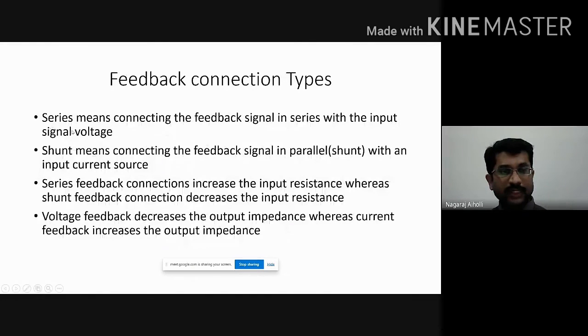Then we came to know that series means connecting the feedback signal in series with the input signal voltage. Shunt means connecting the feedback signal in parallel or in shunt with the input current source.